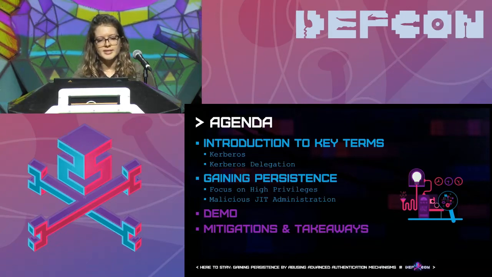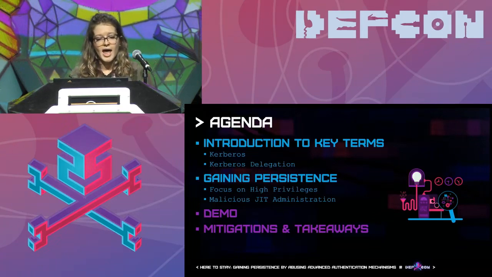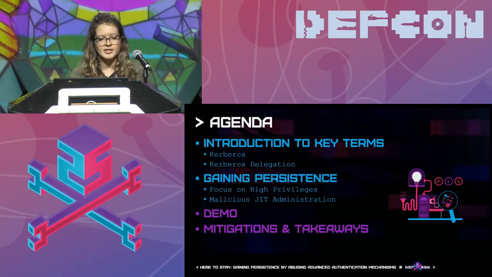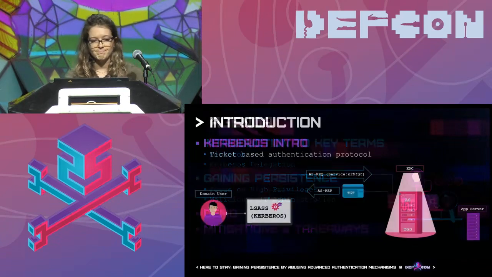Specifically, we will focus on the stage in which attackers have already gained high privileges and they're interested in maintaining them for as long as possible without being detected. We'll also introduce a new concept that we call malicious just-in-time administration, which I'll define a bit later on. Also, we're gonna try and go with the live demo and finally show some mitigations and takeaways from our talk.